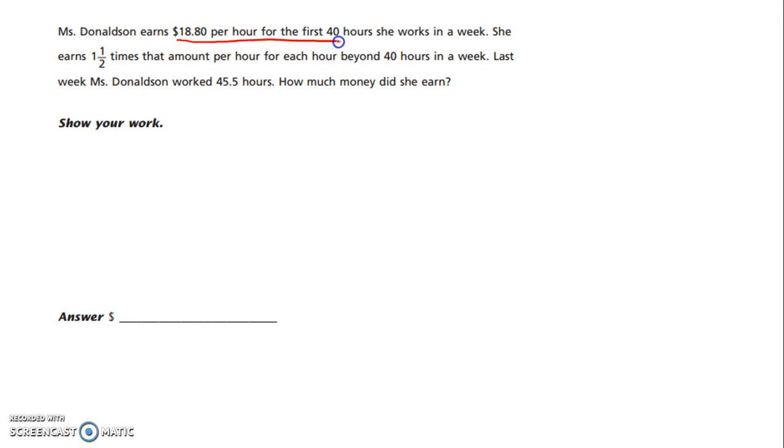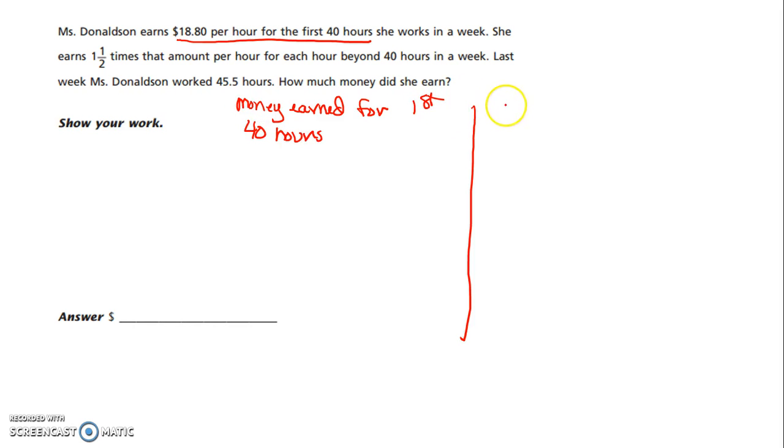$18.80 per hour for the first 40 hours she works. To figure out this problem, we're going to have to figure out the money earned for the first 40 hours. We'll then have to figure out the money earned for hours worked over 40 hours.